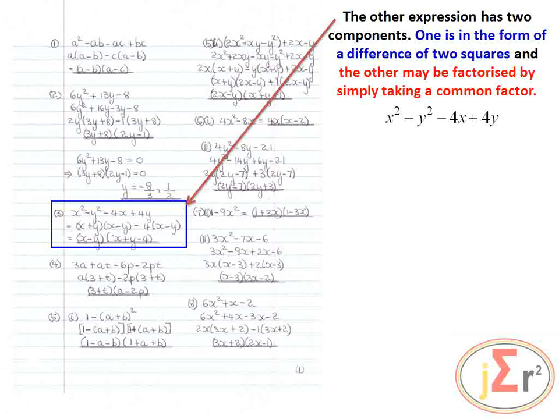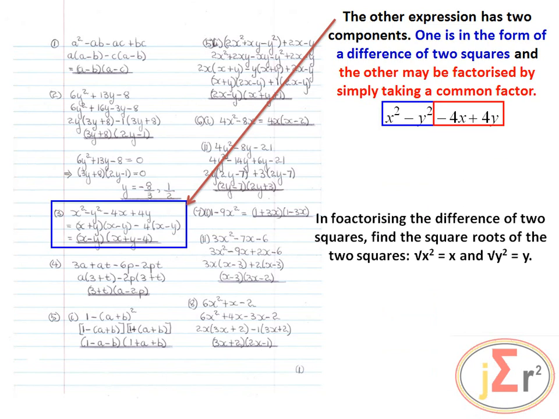One is in the form of a difference of two squares, and then we have another part of it that may be factorized by simply taking a common factor. Where is the difference of two squares? There we have them. And then the other portion, we will take a common factor. So we will factorize the difference of two squares first.